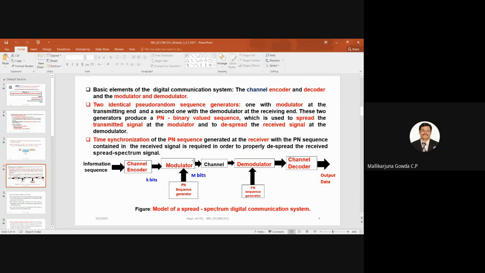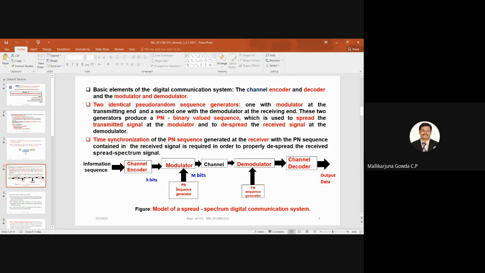Even at the receiver side we use a pseudo noise sequence generator, and these two should be time synchronized. The pseudo noise sequence generator used at the receiver should be in synchronism with the one used at the transmitter side.